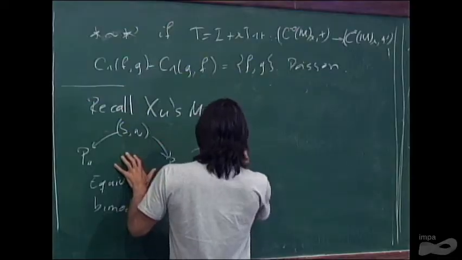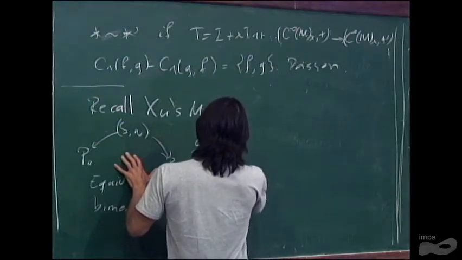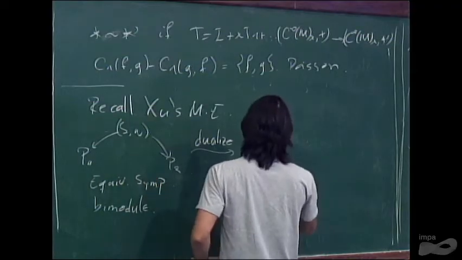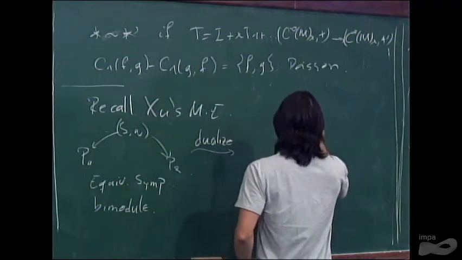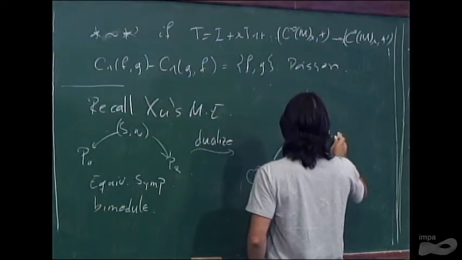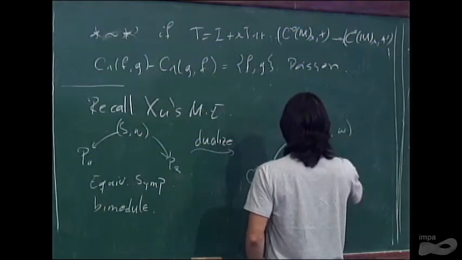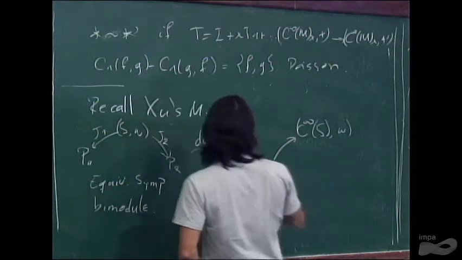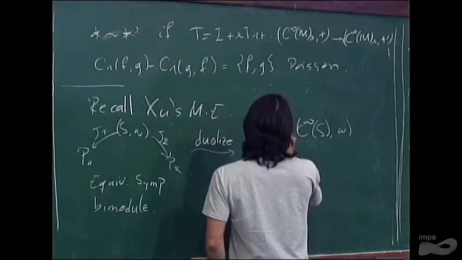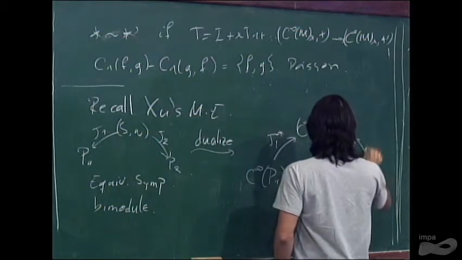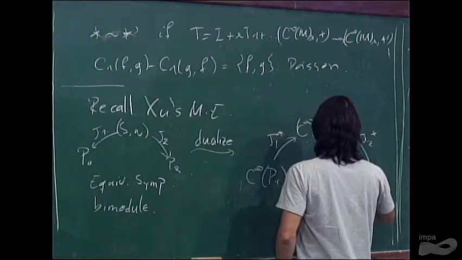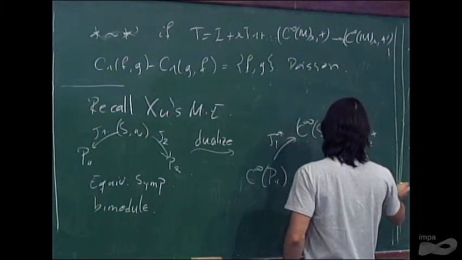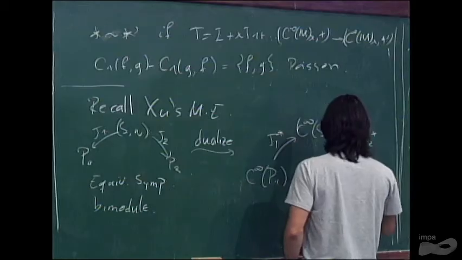And okay, we can dualize this to get the algebra of functions. Let me just put omega here for the bracket. Call it J1, J2. So you get here J1 pullback, and you get here J2 pullback, C infinity of P2, with this bracket. I am not writing it here, but these are Poisson algebras.